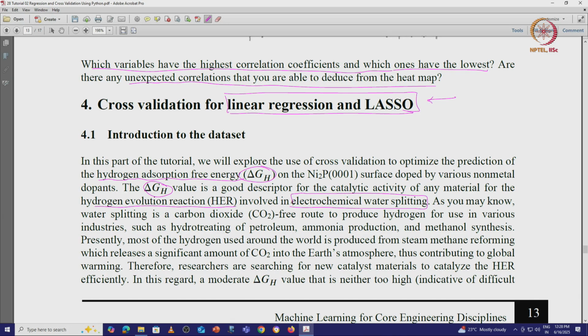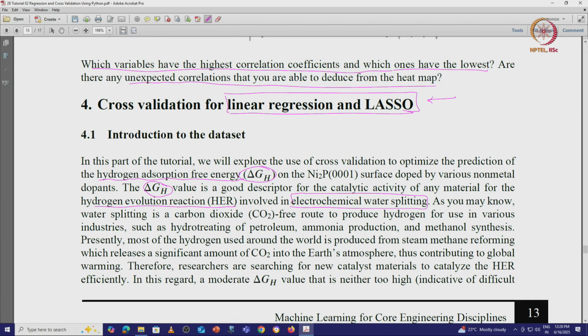As you know, water splitting is one of the ways to produce green hydrogen. Typically, producing the hydrogen that we use involves emitting a lot of carbon dioxide, and carbon dioxide of course causes global warming, that is very well known. So people are looking at alternative ways to produce hydrogen without emitting CO2, and water splitting is one way of doing it.